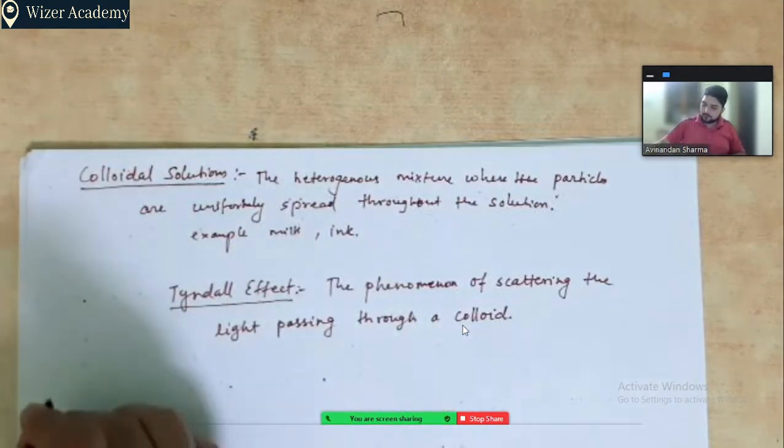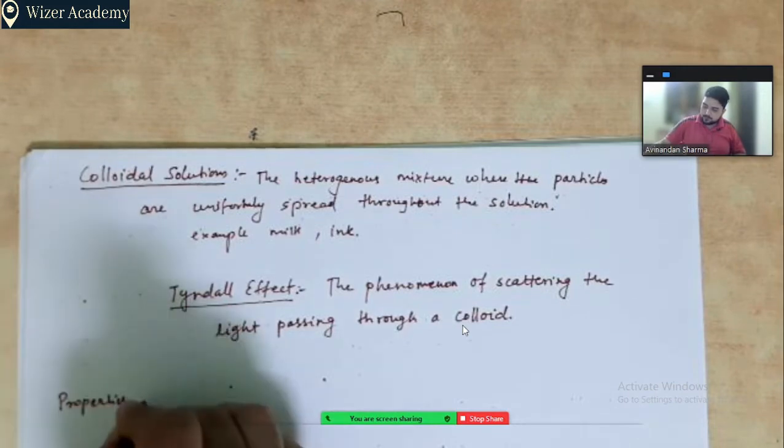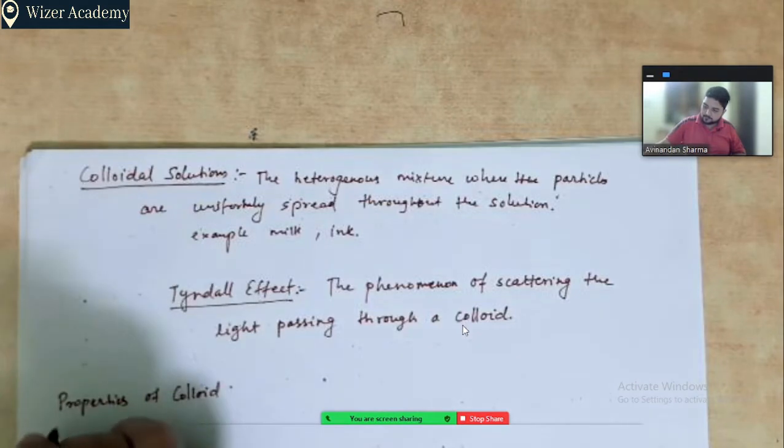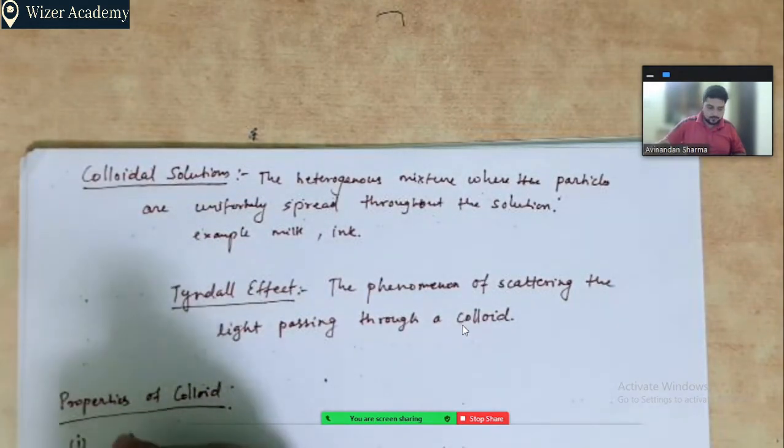Next, write down the properties of colloid. First property, a colloid is a heterogeneous mixture.